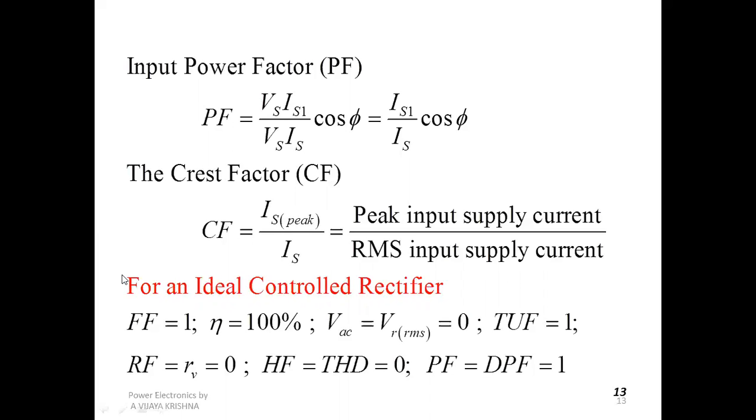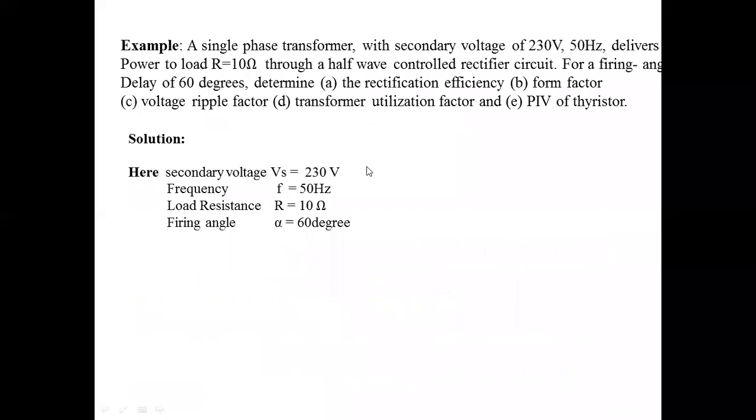For an ideal controlled rectifier, all the losses and drops are neglected, so the form factor, crest factor, and transformer utilization factor all approach unity. That is nothing but the performance parameters of the single phase half wave rectifier with a resistive load.